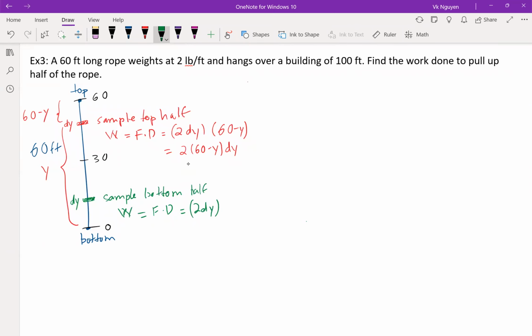The distance here is 30 because the entire bottom half gets moved up by 30 feet. So each part gets moved up by 30 feet. Times dy.